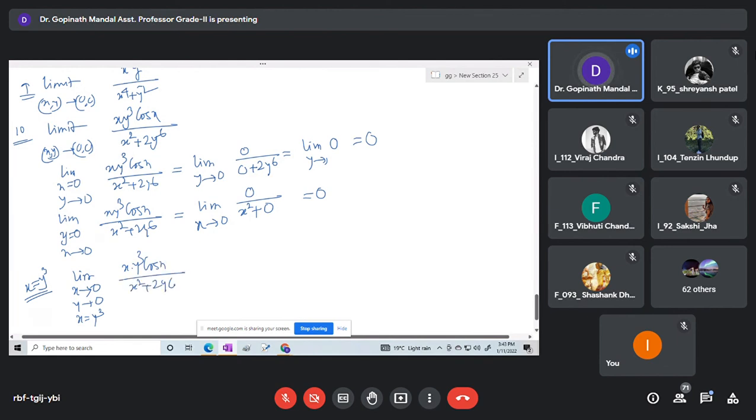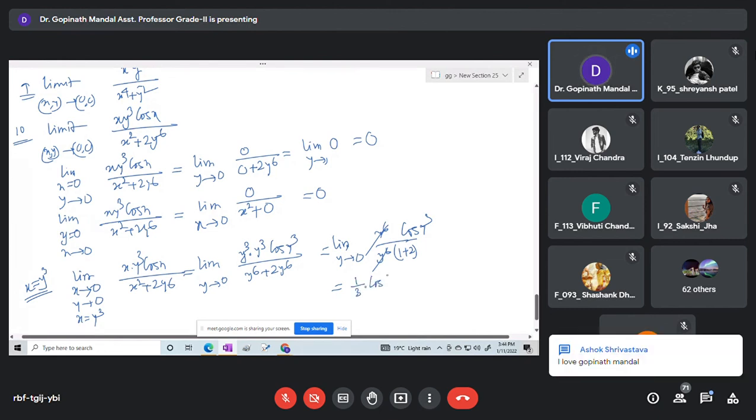So the limit will be, just put the value of x: y cube times y cube cos of y cube by (y to the power 6 plus 2y to the power 6). So this will be limit as y tends to 0 of y to the power 6 cos y cube by y to the power 6 (1 plus 2), so this will be 1/3 cos y cube, cos 0.